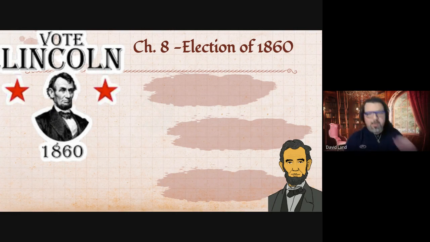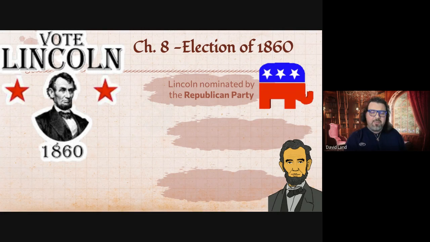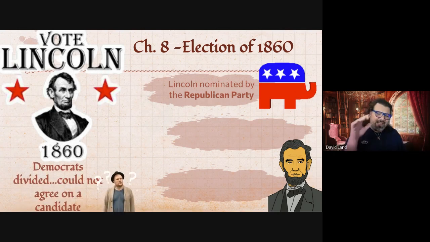So Abraham Lincoln is going to get elected in the election of 1860. Now, this election will be dominated by the political party called the Republican Party. Remember, they're the little elephant. That's the birth of that party during the Civil War. So Lincoln was a good choice because the Democrats, who were the Southern states' political party, could not agree on a candidate.